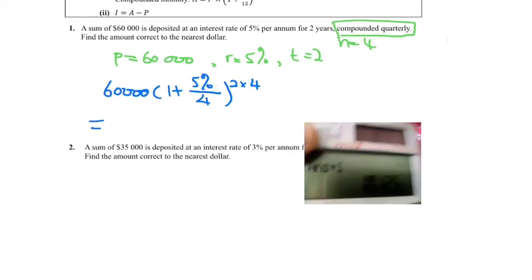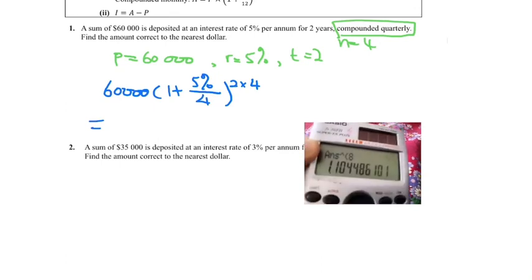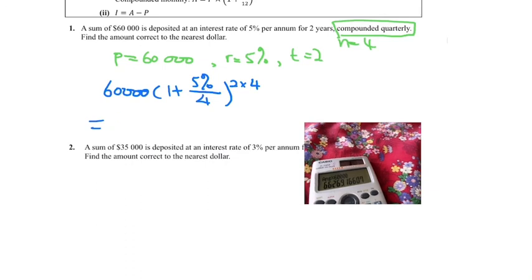I get this. And then I'll do this power. 2 times 4 is 8, so I do power 8. And I get this. And in the last step, I'll multiply by 60,000. And then I should be able to get this one. 73,269. Okay, that is your final answer. And we'll continue the rest in the next video.